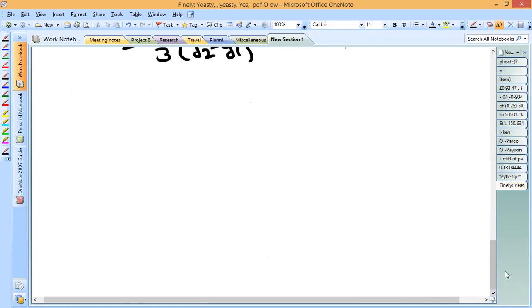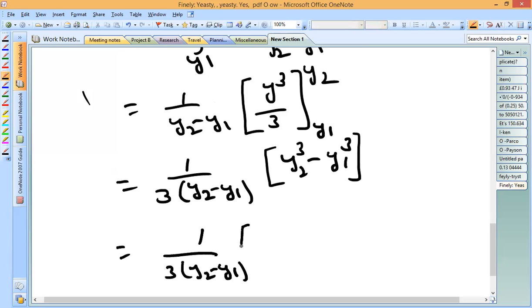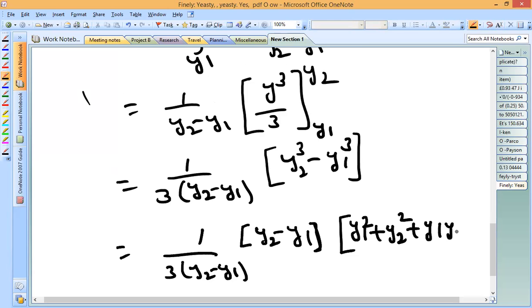So this can be further written as 1 by 3 into y2 minus y1, and if you apply the a cube minus b cube formula, this will result in y2 minus y1, that is nothing but a minus b, into y1 square plus y2 square plus y1 y2. You can multiply and you can verify. It will yield the result y2 cube minus y1 cube. So here y2 minus y1 gets cancelled.